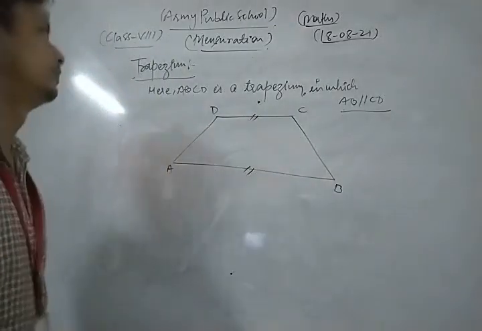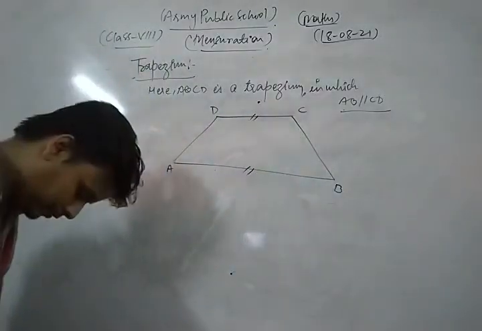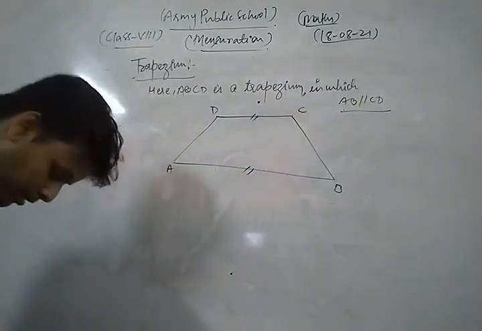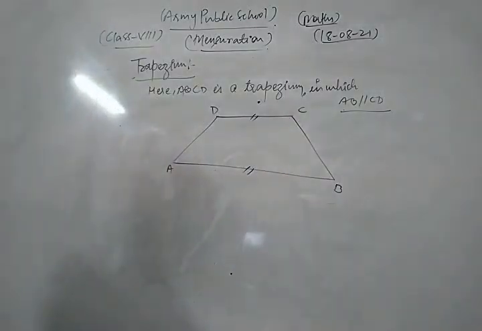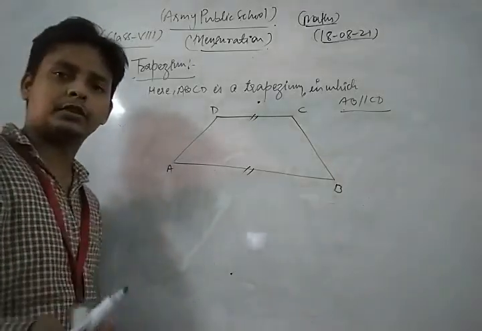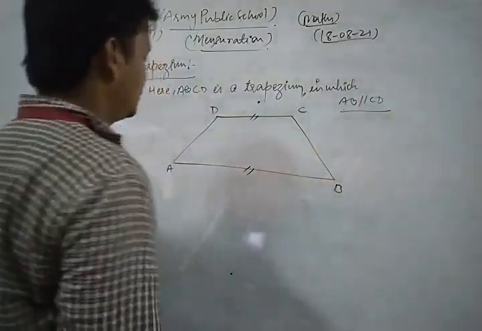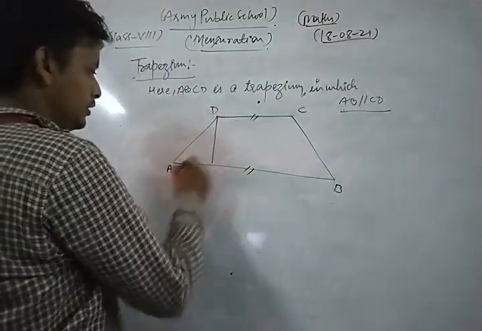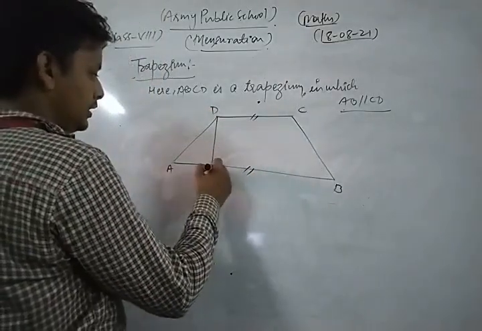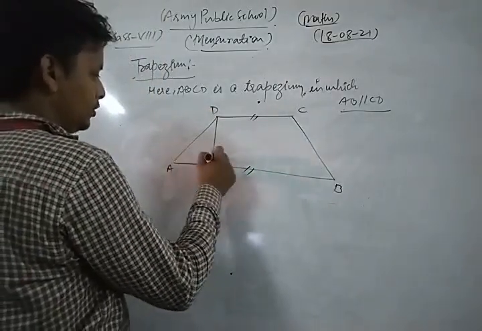Okay. Now look, ABCD is a trapezium. What is the formula for the area of a trapezium? Let's see. Suppose we draw DL perpendicular to AB.